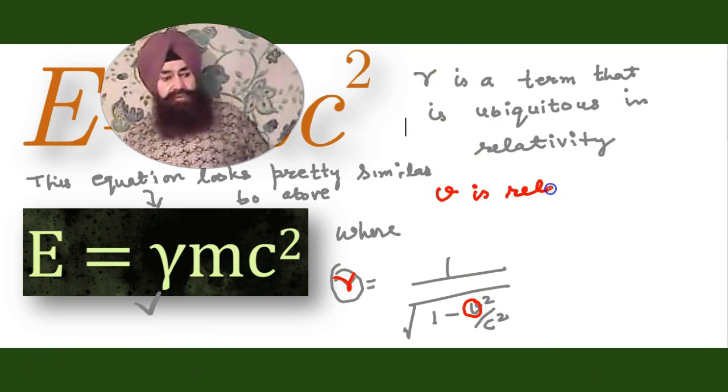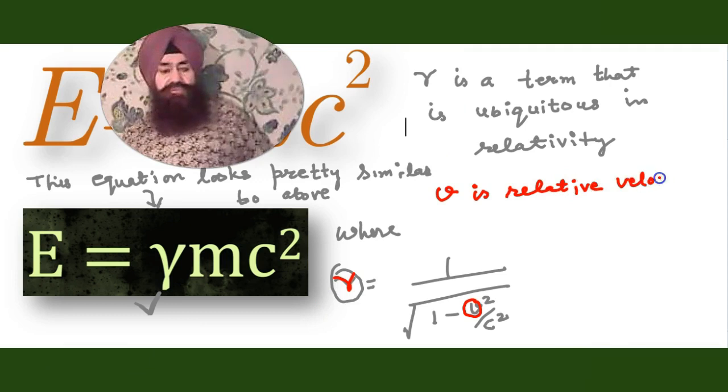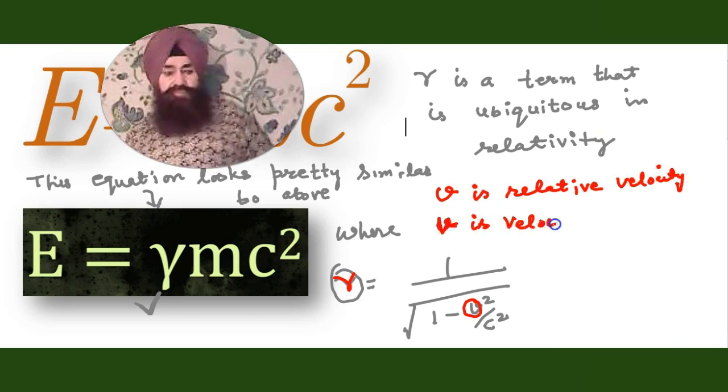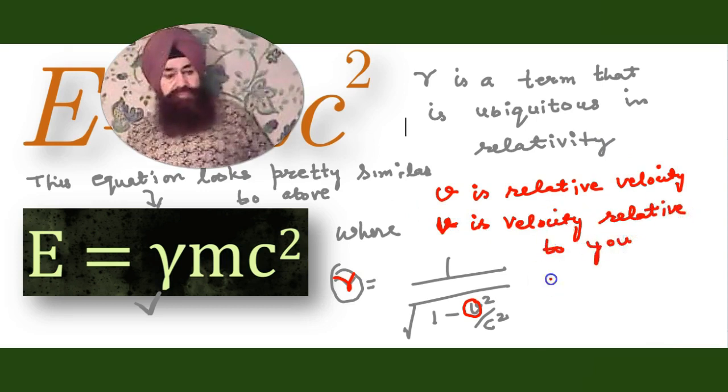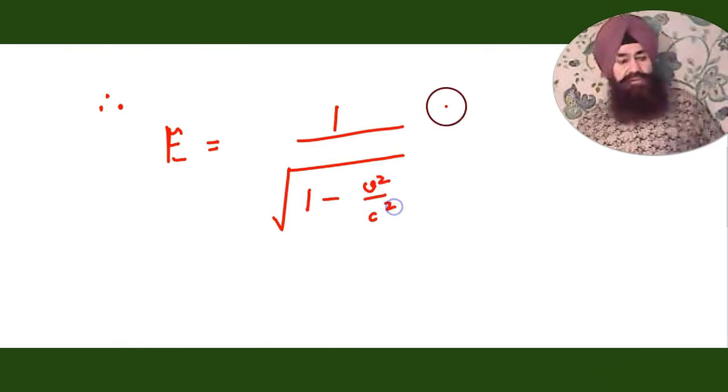And v, as I already told you, is the relative velocity, the velocity of the object with respect to you. This is what gamma is. Therefore, now the value of E becomes gamma into mc square.